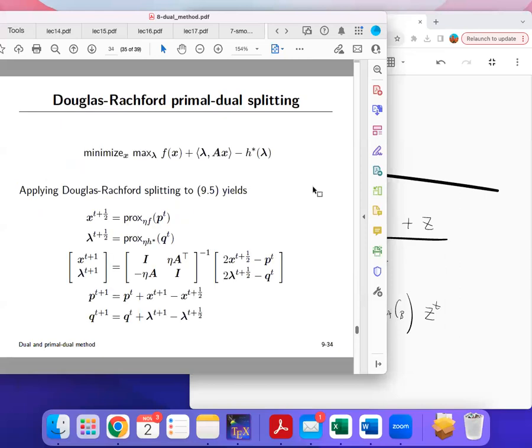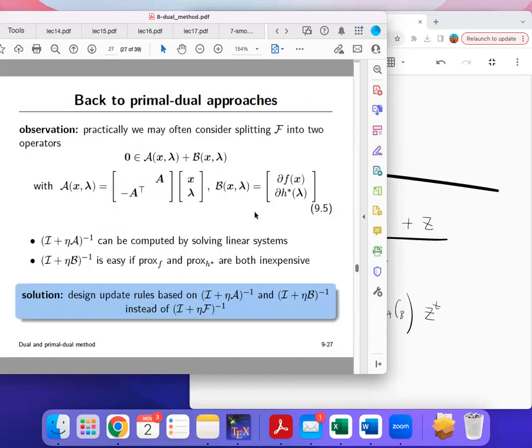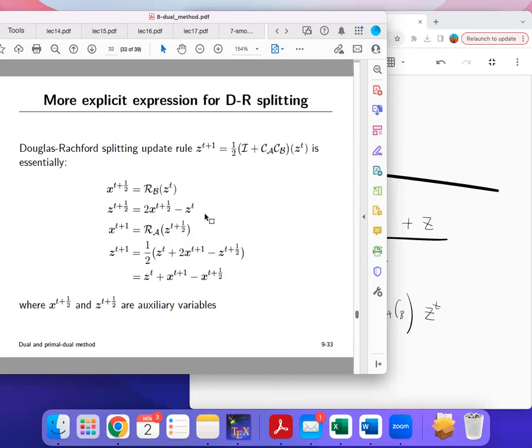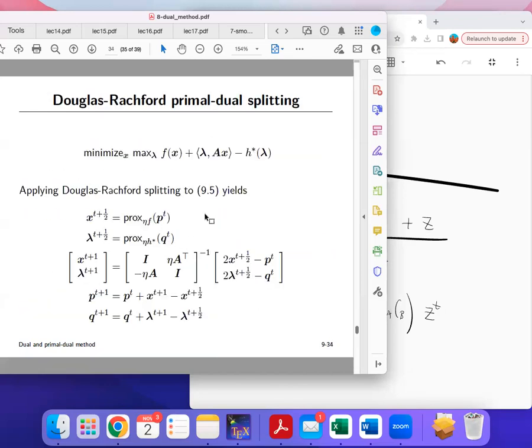We have this problem, and we apply the Douglas-Rachford splitting to 9.5. What is 9.5? This one. We want to find a 0 of the sum of these 2 operators. So eventually, we get this algorithm.